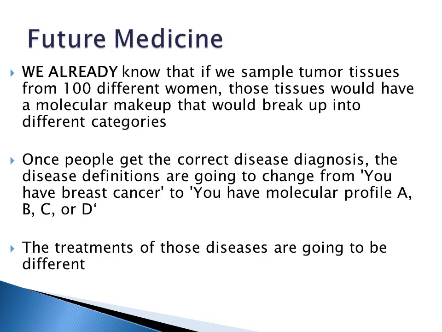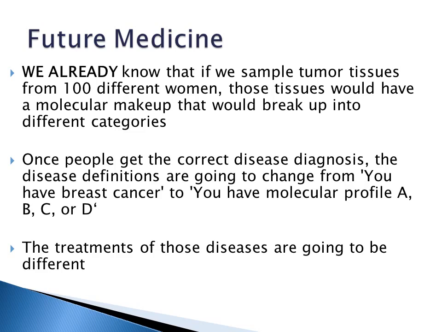So future medicine, we already know that if we sample tumor tissues from 100 different people, these tissues would have a molecular makeup that would break up into different categories. So essentially, each patient has a different disease, but in the case of, let's say, breast cancer, we just happen to be saying that all 100 women have breast cancer.